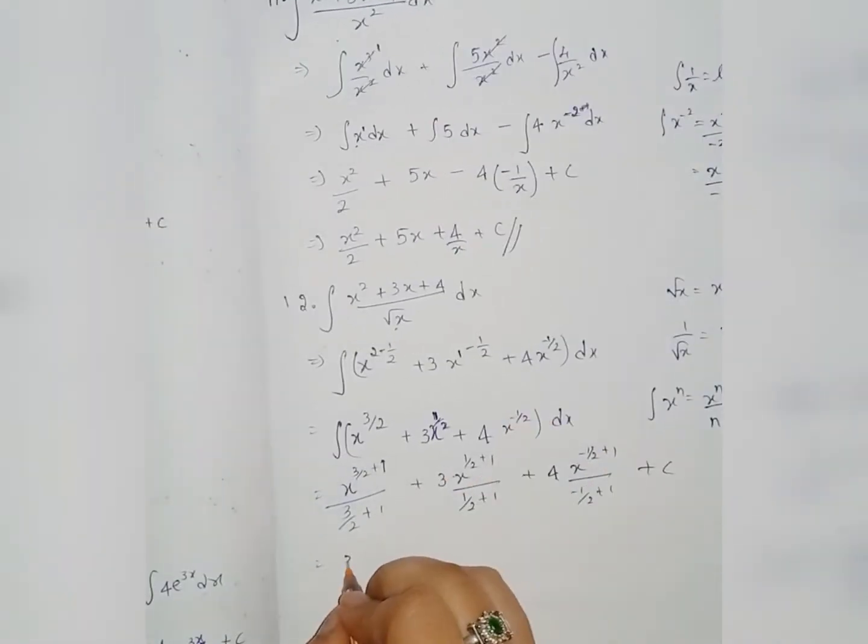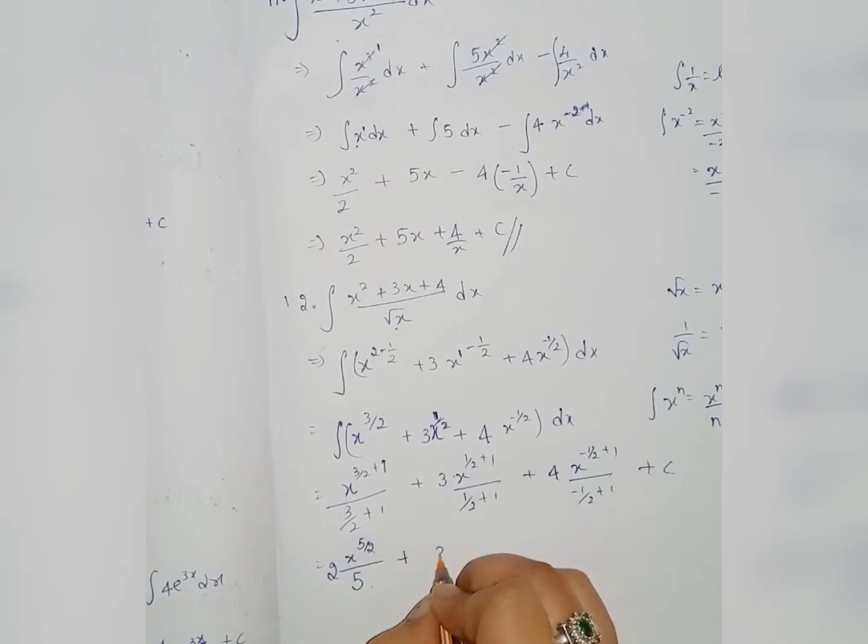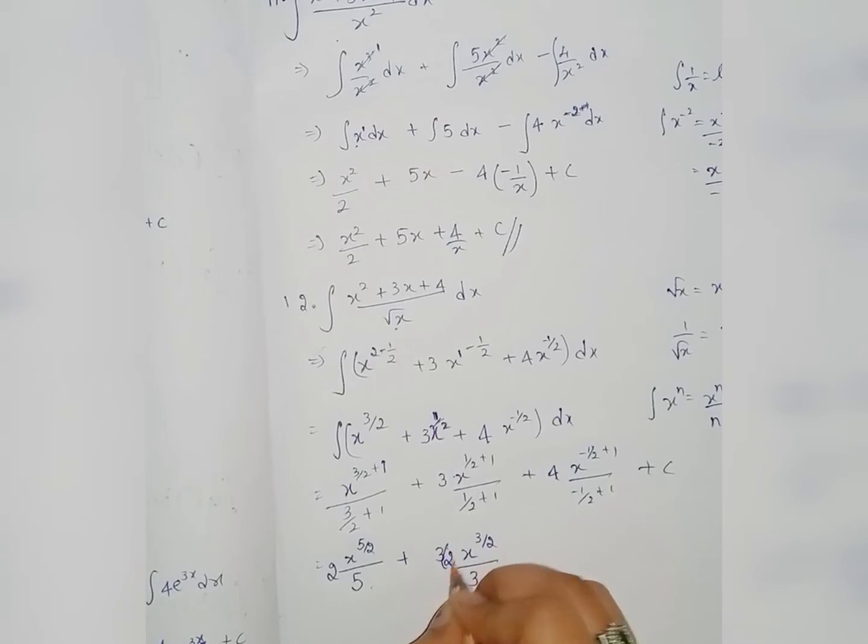It is x to the power 5 by 2. Here it is 5 by 2, so 5 will be in the denominator, 2 will be in the numerator, plus 3 x to the power 3 by 2. And here 3 by 2, 3 in the denominator, 2 in the numerator, so 3 into 2, 3 cancels here.